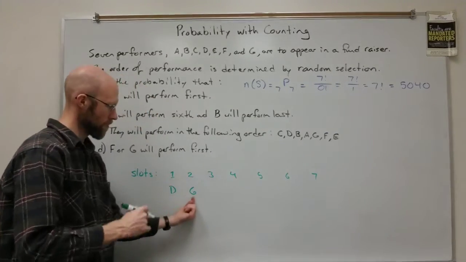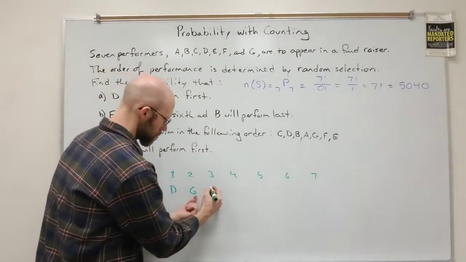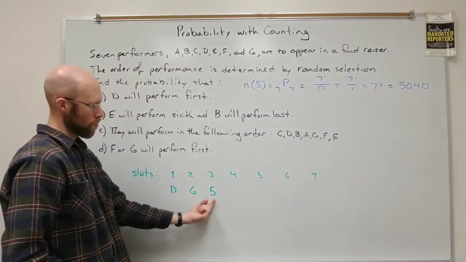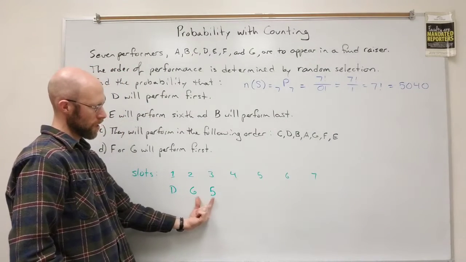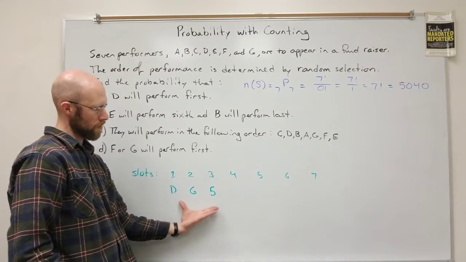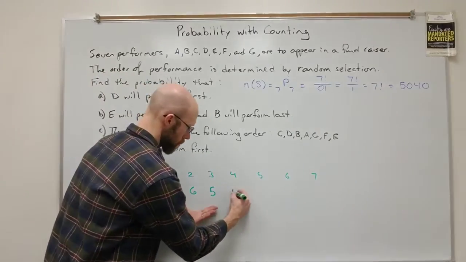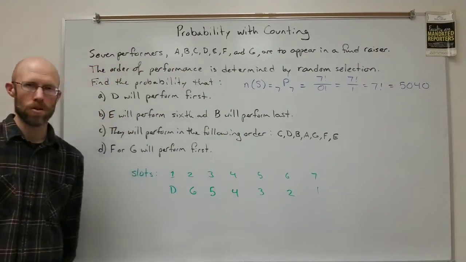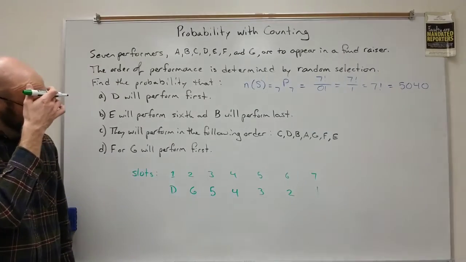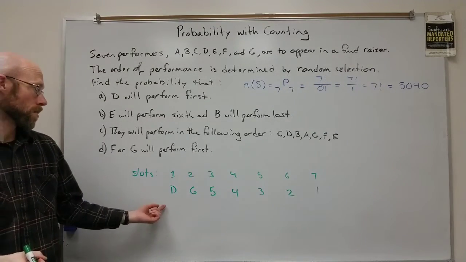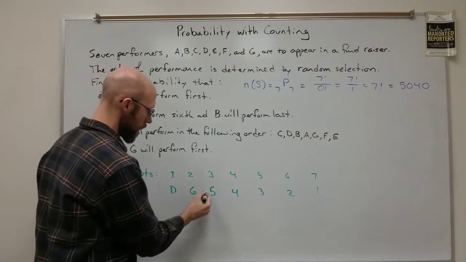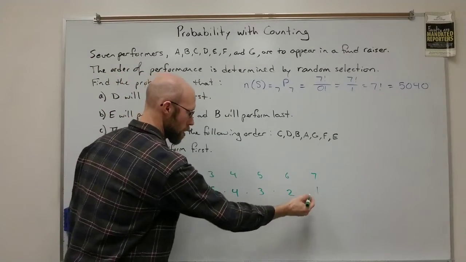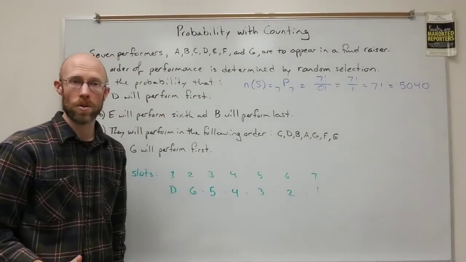Anyway, 6 choices, followed by 5 choices. Whatever one gets pulled out here, you end up with 5 left. Whatever gets pulled out, you've used up 3, so there's going to be 4 left, then 3, then 2, and then there's 1. Kind of get pigeonholed at the end. Okay, so the number of choices at each spot gives you a product of 6 factorial.